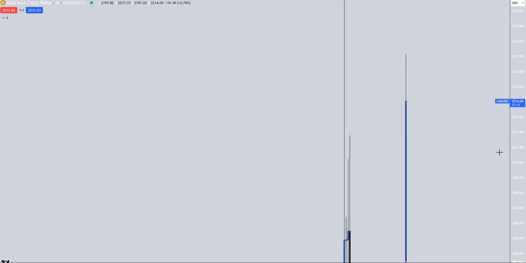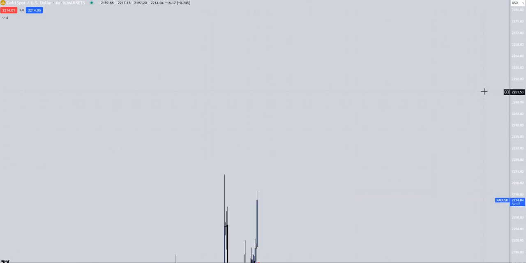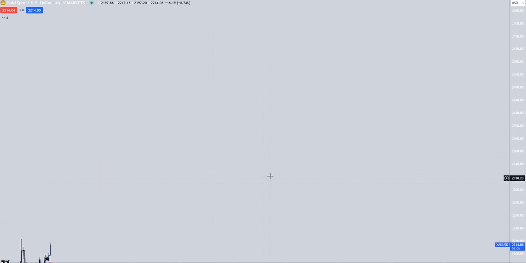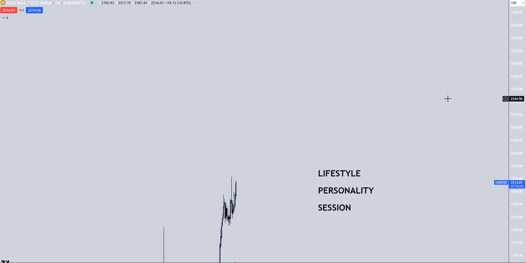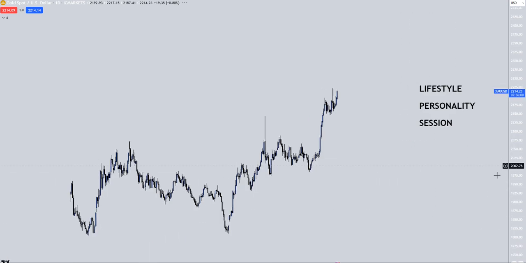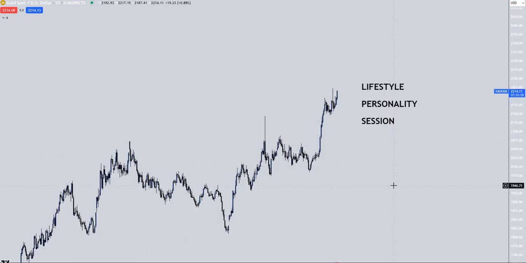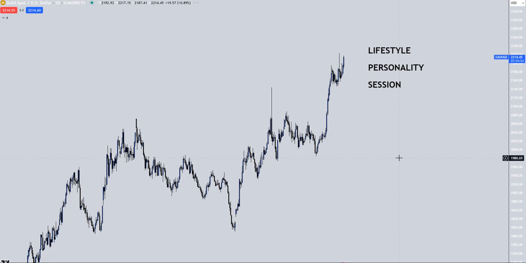And then the final point that I wanted to go over, which is somewhere hidden over here, is the session. Okay, so your last point is going to be the session you trade. Let's say, for example, you trade the Tokyo overnight session, where volume is quite low. It might be beneficial for you to trade the lower time frames.